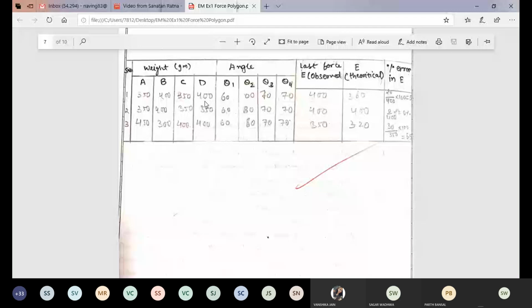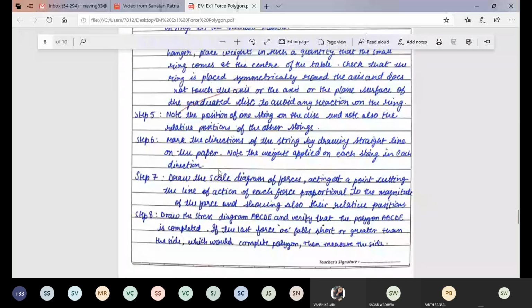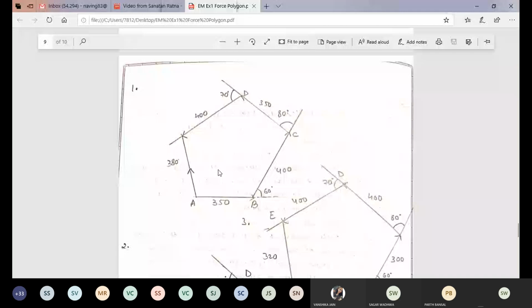Accordingly, this is made. Again, see the diagram here. 350. What is this 350? We have taken the scale 100 gram is equal to 1 centimeter. So 100 gram is 1 centimeter, so that will be 3.5 centimeter.